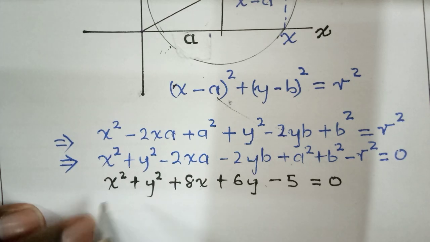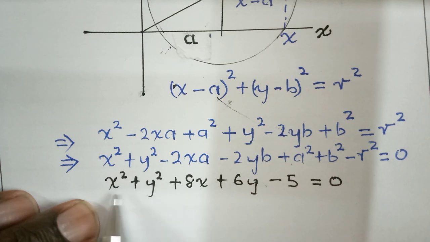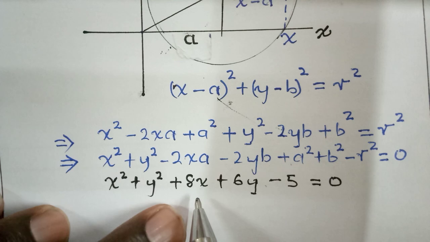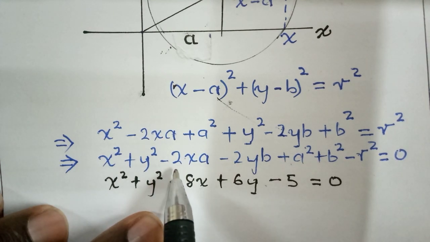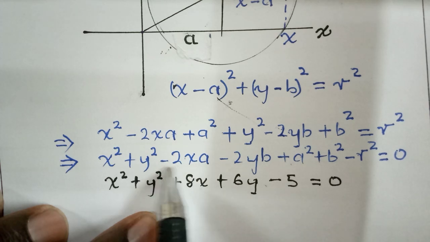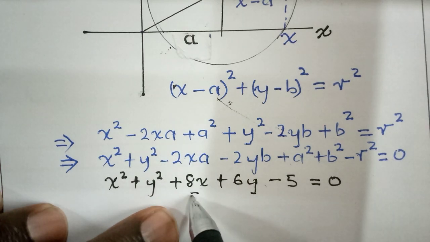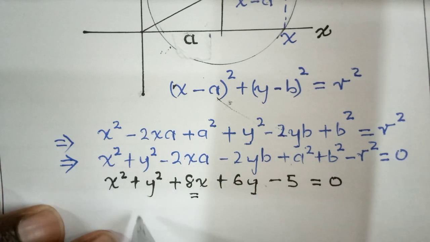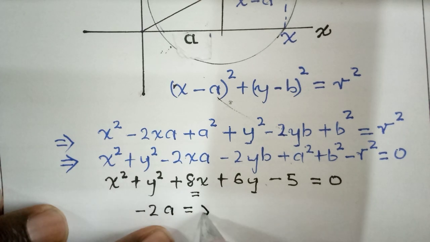So this is what we do. When we look at this x squared and y squared, we can see they are the same, so this shows us that this is a circle. Then we come to where we have x. The coefficient of x is supposed to be negative 2a, so minus 2a is supposed to be 8.